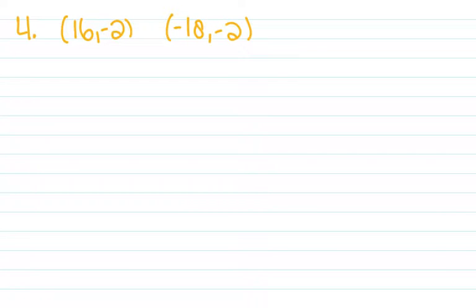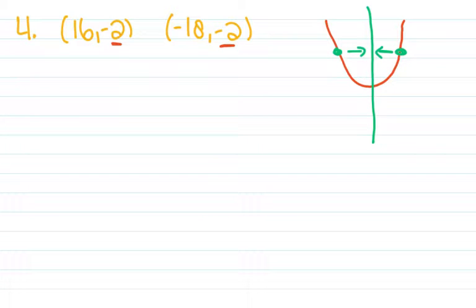And since both the y coordinates are the same, I know that these are going to be exactly across from each other on my graph, which means that to find the axis of symmetry, it would just be halfway between those two. So I'm just going to take the x coordinates, and I'm going to find the average of them.